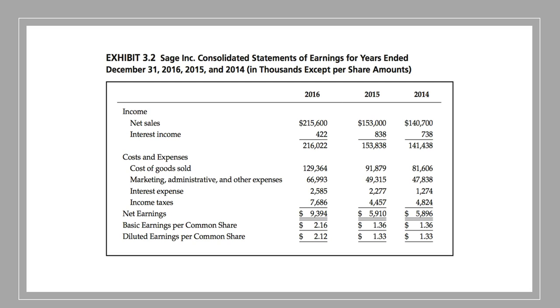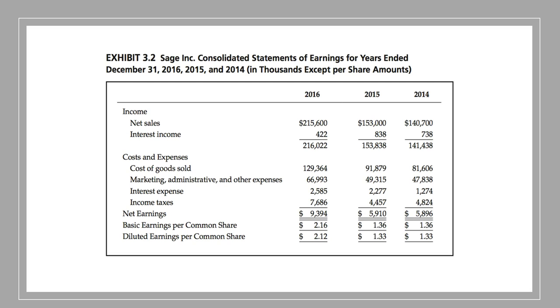However, from an analyst's perspective or from an investor's perspective, it isn't quite as useful. The other thing to notice is at the bottom, after net earnings, the Securities and Exchange Commission and GAAP like to have the earnings per share information reported, and so they report both a basic and a diluted earnings per share.